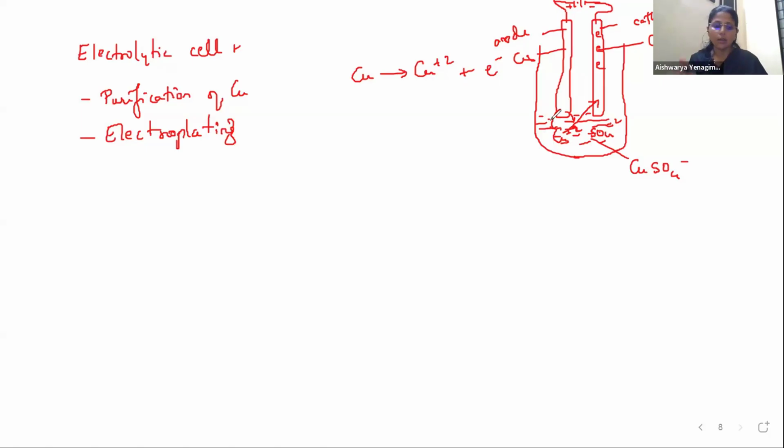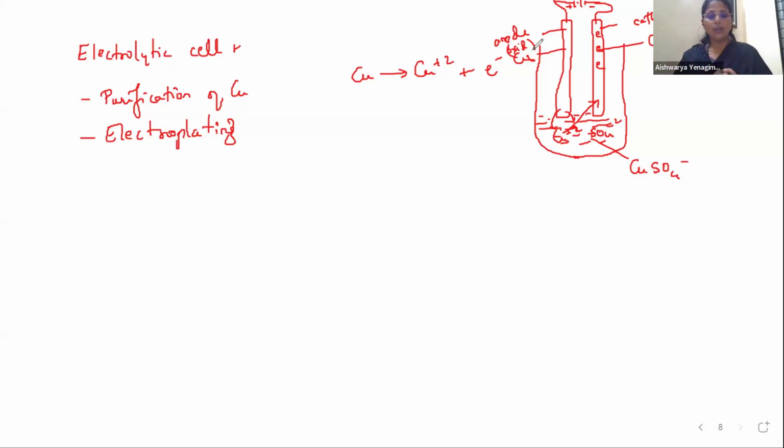Clear with this picture? Come back to the anode. What is the story of the anode? At the anode, copper will lose 2 electrons to form Cu plus 2, and this Cu plus 2 will go into the solution. So at the anode oxidation is taking place, loss of electrons, and at the cathode reduction is taking place.